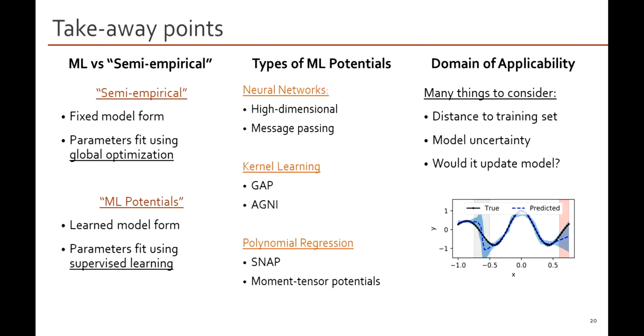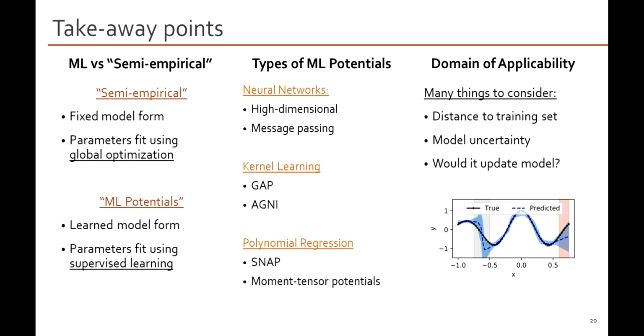And often that model form is indeed based on some sort of physics instead of empiricism. Machine learning potentials are based more purely on learning the model form with data, so you're fitting parameters with supervised learning rather than global optimization techniques.